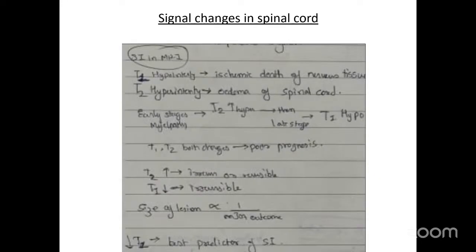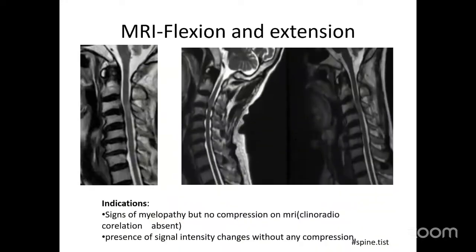So while assessing both T1 and T2, if you find that in your patient the spinal cord in the T1 image is normal, then you can say the prognosis would be good, if you operate early, right? So T2 changes are the better predictor or early sign of myelopathy. This is one thing which you should keep in your mind.